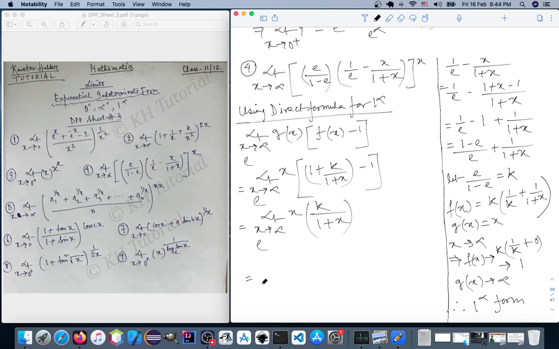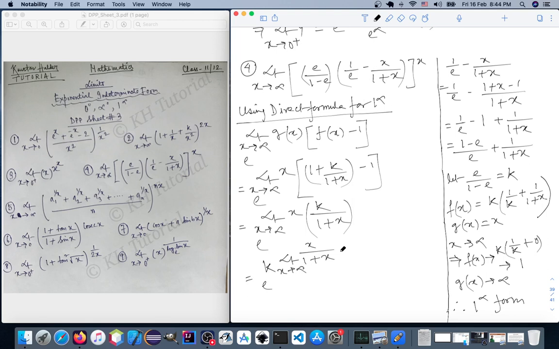So this becomes limit, we bring the k outside since k is a constant, limit x tends to infinity x by 1 plus x. And as we have already discussed in the previous video, the limiting value of a rational function like this, where the numerator and the denominator are polynomials of the same degree, is the ratio of the coefficients of the highest power of x, which here is 1 in both.